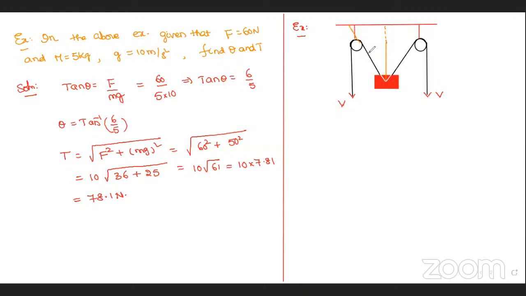I think you are seeing a right angle triangle. In this right angle triangle I am neglecting the upper part. You observe this distance is always constant even though the weight comes up, and suppose it comes to this position.